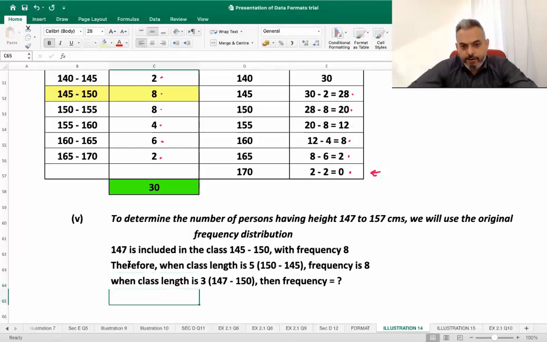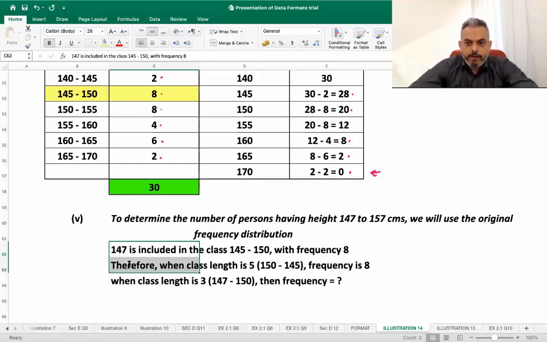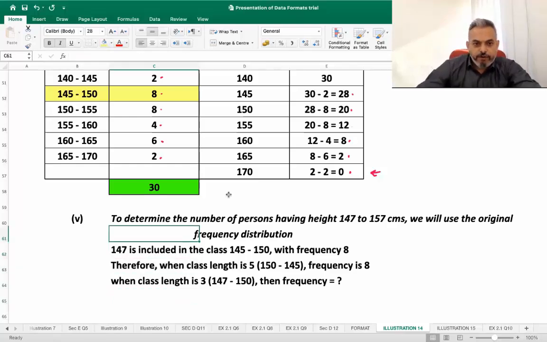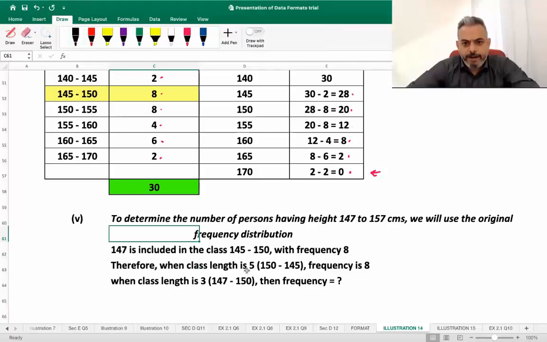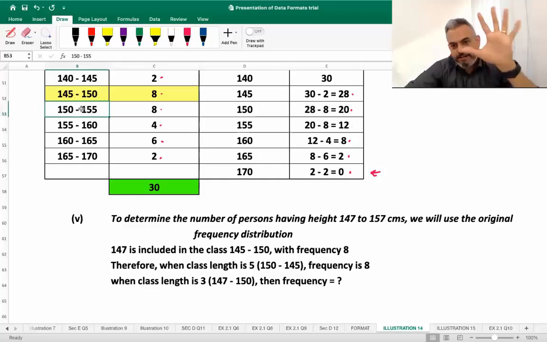That is how we will be doing it. Now see, I'll just show it to you once again. Class length is 3. 147 to 150 is the class. Here also 150 to 155, class length is 5. That's fine.